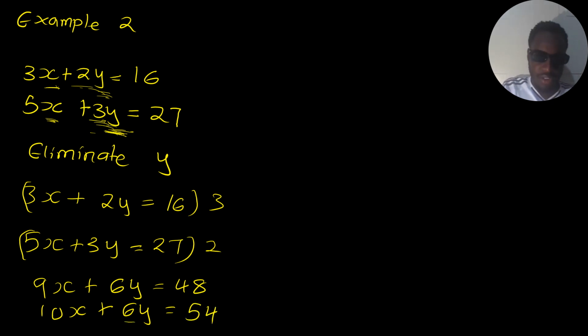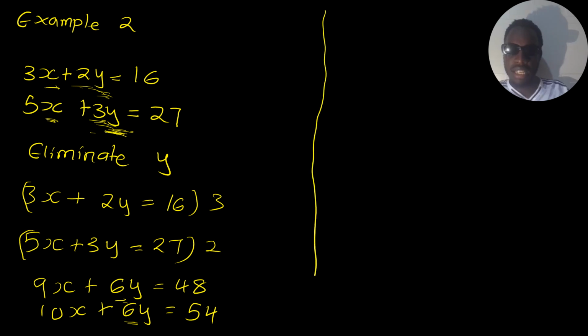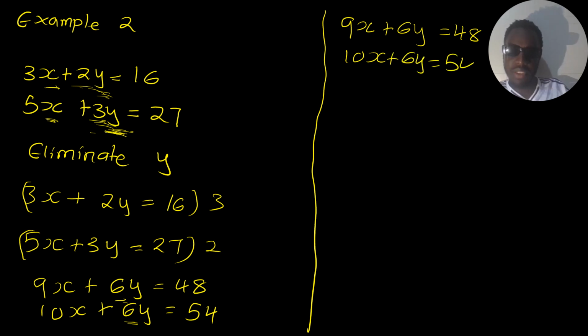As you can see here, we have made the coefficient of both y's the same, so we can subtract in order to eliminate y. So that is 9x plus 6y is equal to 48, and then we have 10x plus 6y is equal to 54.